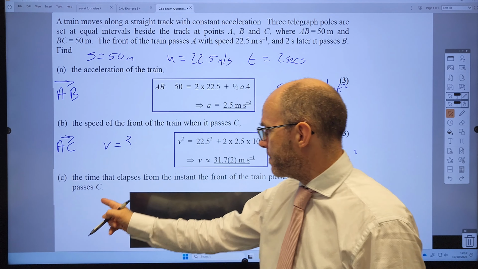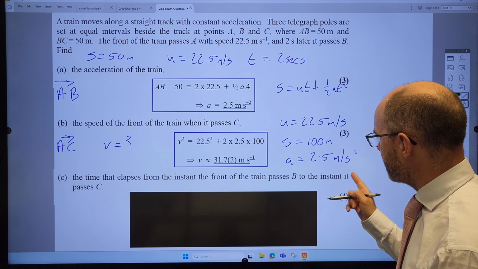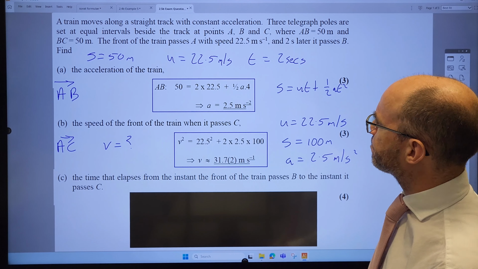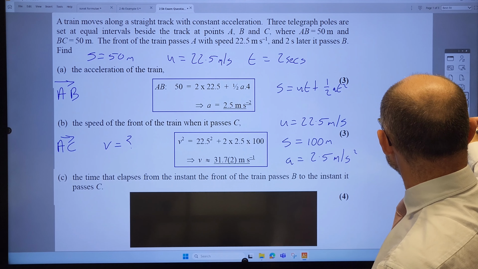Lastly, the time that elapses from the instant the front of the train passes B to the instant it passes C. Well, I'm going to do the same sort of thing again, because I've got a lot of information now about what's happening from A to C. So I'm going to use all that information to work out the total time taken.